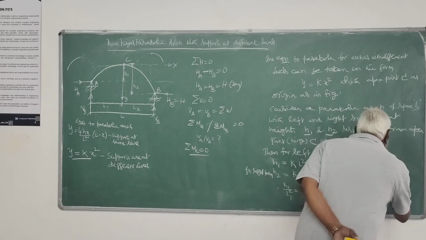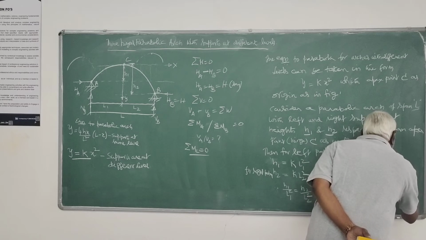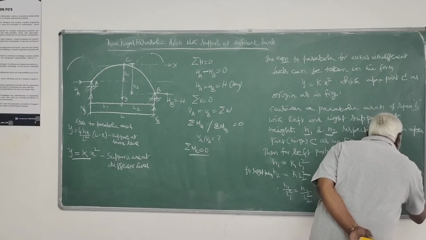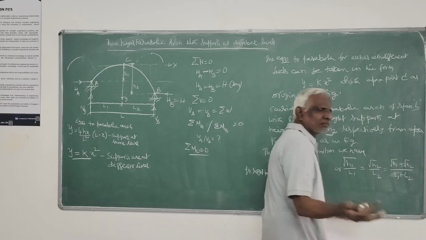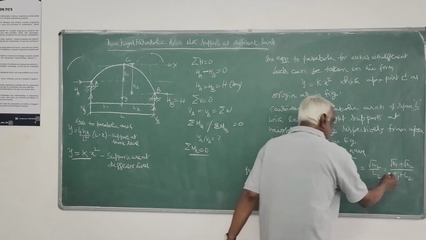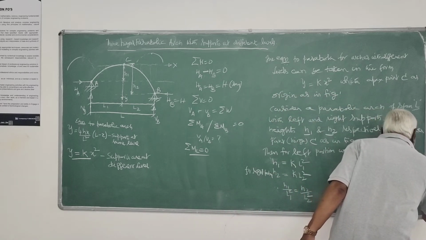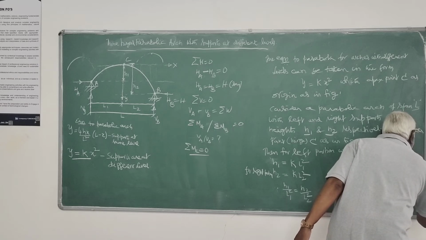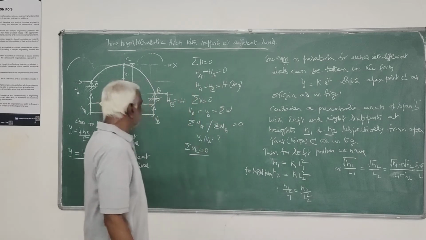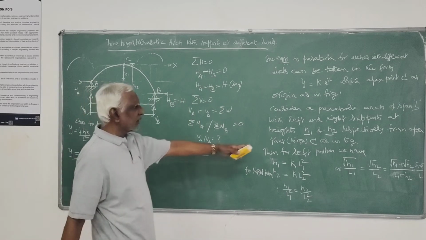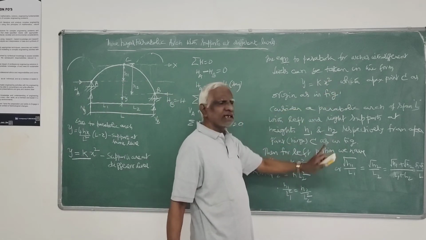This you can write as root H1 plus root H2 divided by root L1 plus L2. That's obvious. So this is nothing but root H1 plus root H2 divided by L, because L1 plus L2 is nothing but L. That's what I told you. H1, H2, L are given.